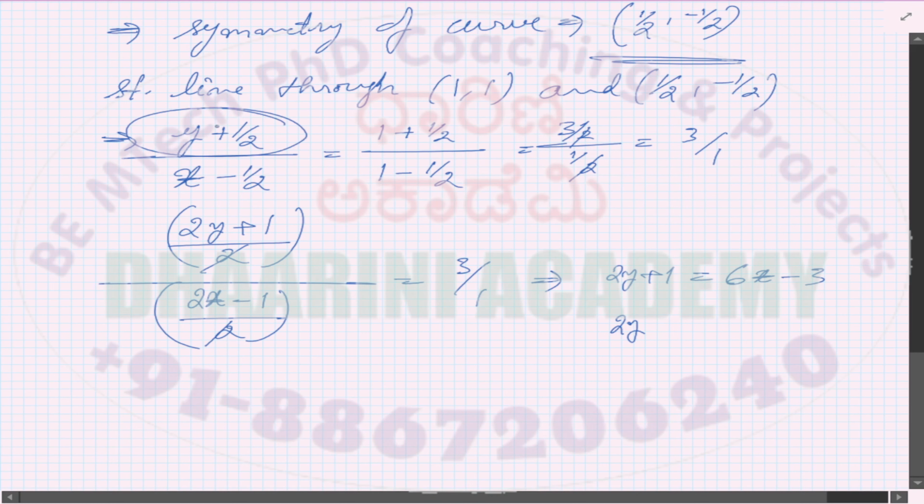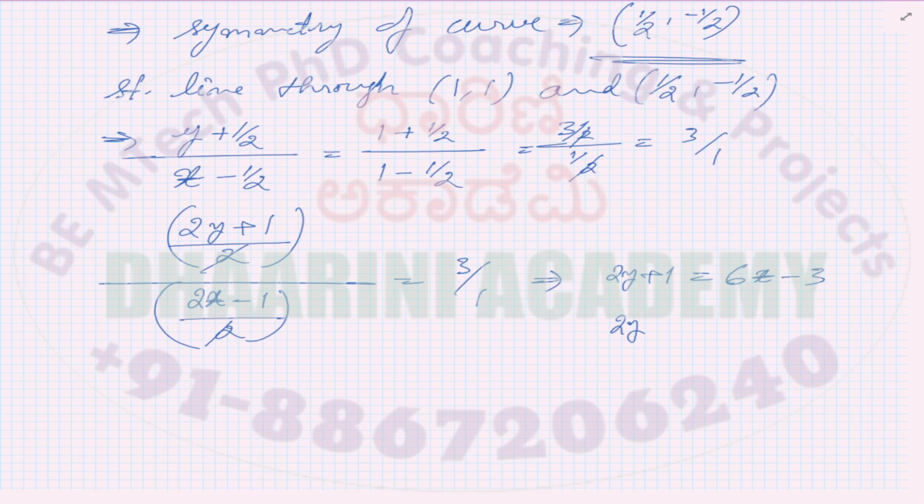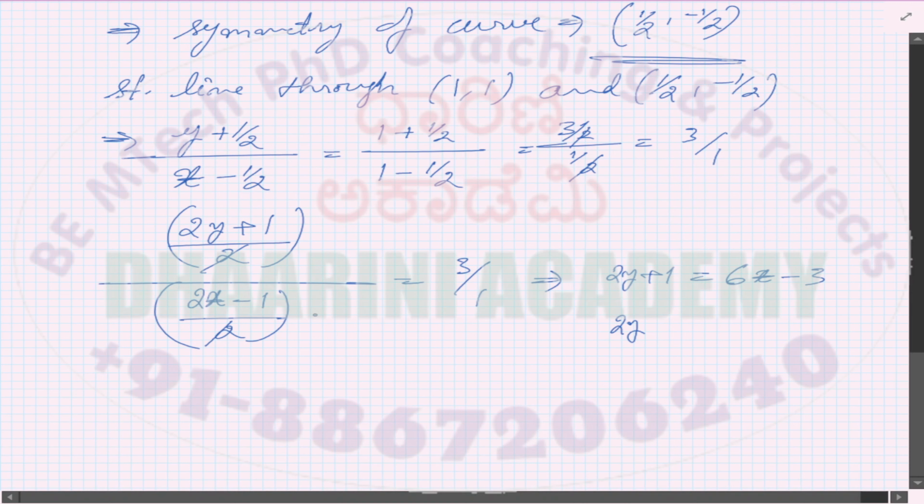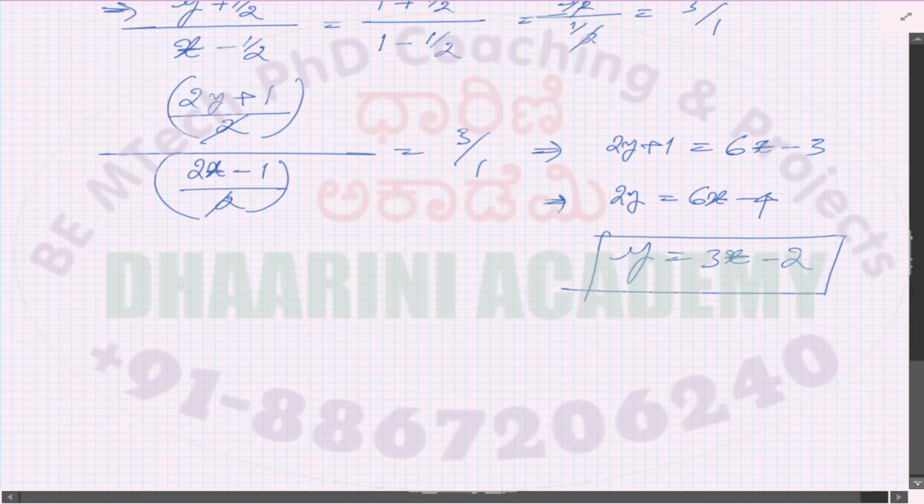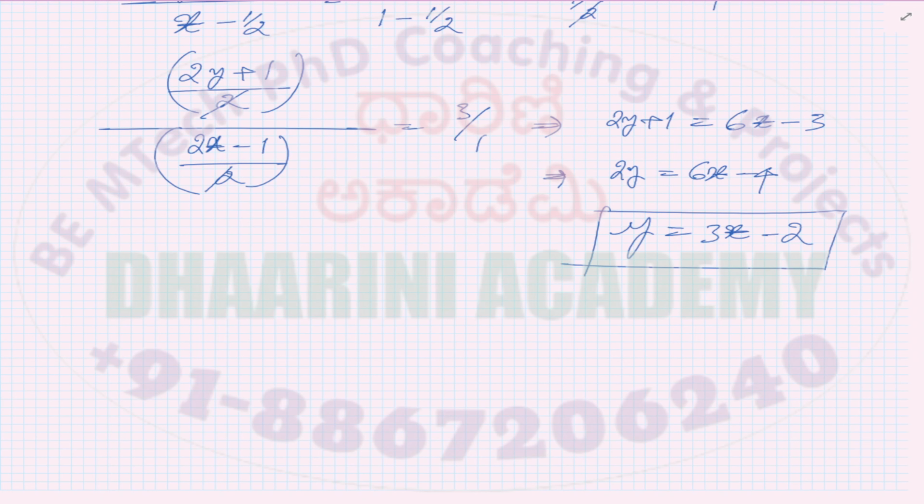Same thing happening with the denominator as well. So this means I can write 2y is equal to 6x minus 4. I think I have the equation of the straight line: y is equal to 3x minus 2. This is the equation which connects the 2 points which we considered.